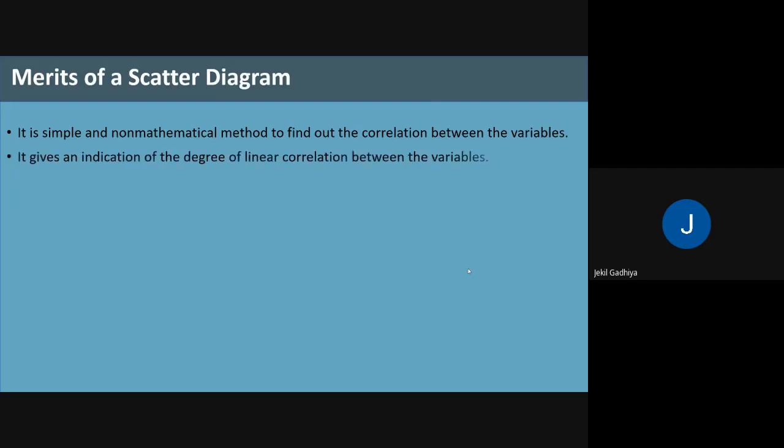It gives an indication of the degree of linear correlation between the variables. So what does it mean, it gives an indication of the degree of linear correlation? Anyone?